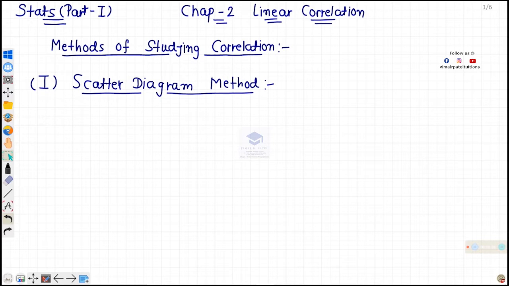Scatter diagram method. Under this method, different values of x and y are plotted on a graph paper on the x-axis and y-axis, and on the basis of that we can have an idea about the direction of correlation between two variables. On the basis of that we can have broadly 5 types of correlation between two variables.